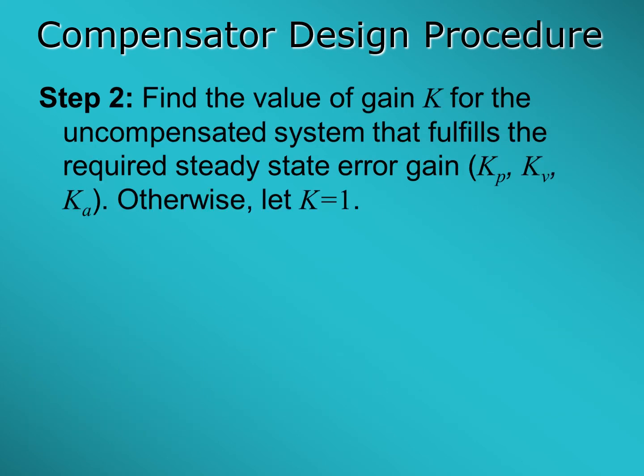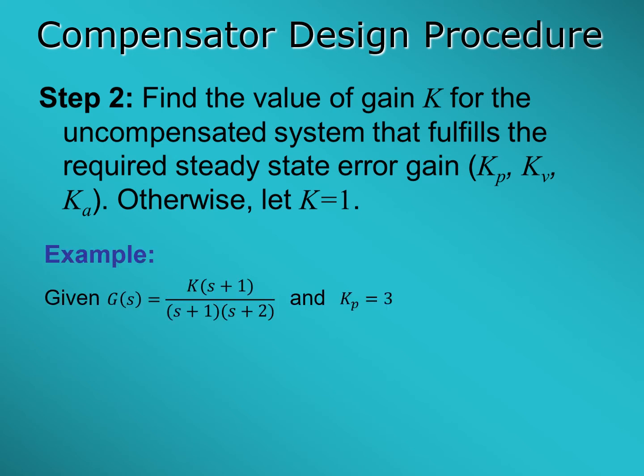Step number 2, find the value of gain K for the uncompensated system that fulfills the required steady-state error gain Kp, Kv, and Ka. Otherwise, let the gain K equal 1. So this is just a revision from chapter number 4. You can revise again how to calculate the steady-state error from chapter number 4. Meanwhile, I also give you an example.